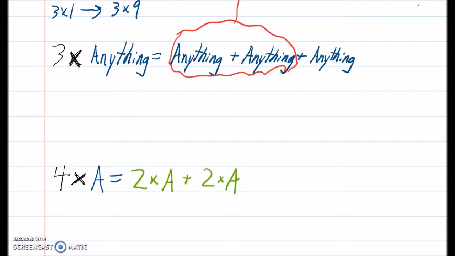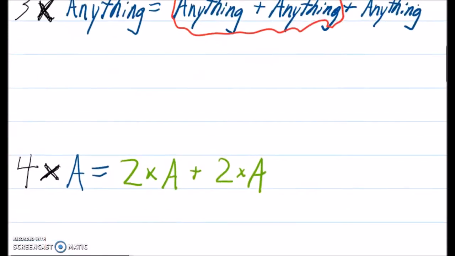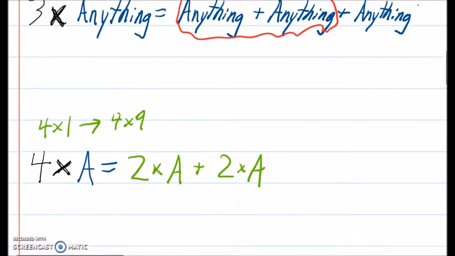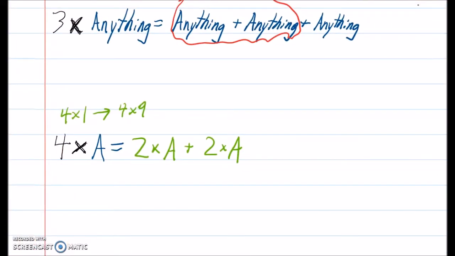completely. Memorizing the times tables is always important, and I think it'll speed you up if you memorize 4 times 1 all the way till 4 times 9. However, I do think there are sometimes good ways of starting out, and this is one way.